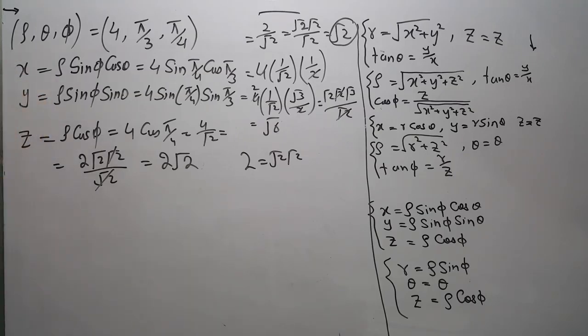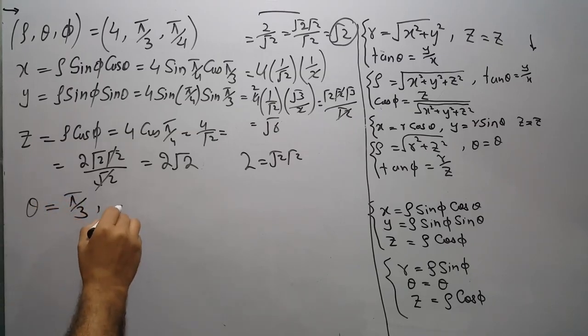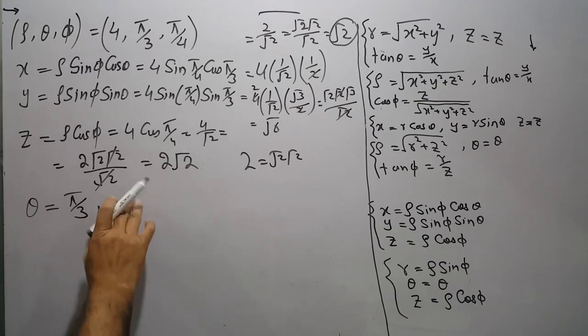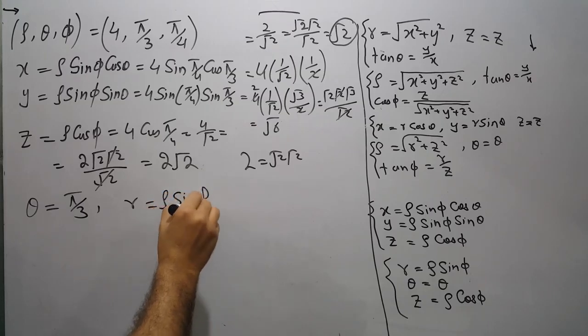Now you have to transform into cylindrical. In the cylindrical, we said that theta does not change, so theta is pi by 3. What we need to find out is r. We are given the spherical, and we need to find r. The formula is rho sine phi.